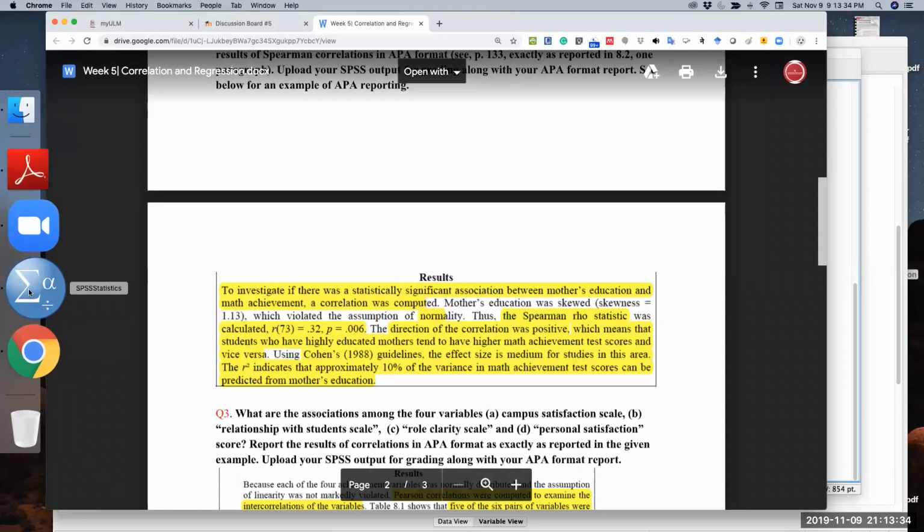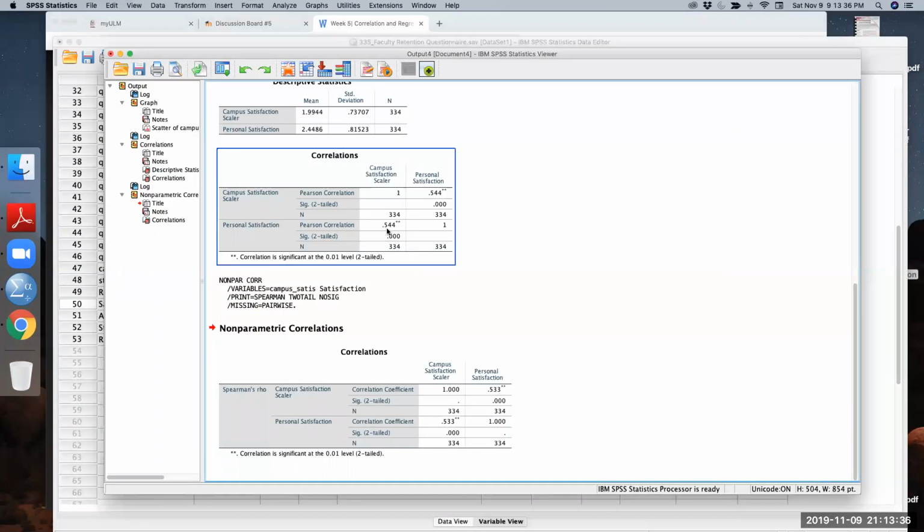Let's take a look. Going back to here, 0.5 is average, I would say. It's not really small or big. And if you do not see any negative sign here, this is positive. So our r value here is 0.54, the p value, and you have an N of 334, that means 334 faculty members participated in this one.